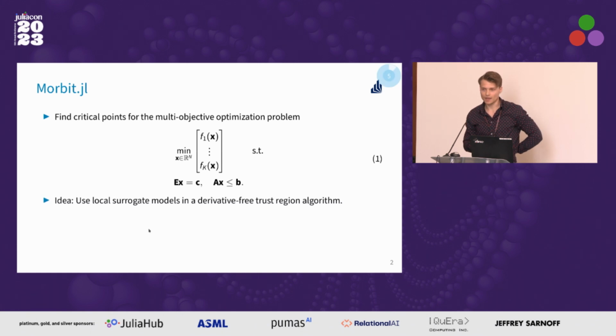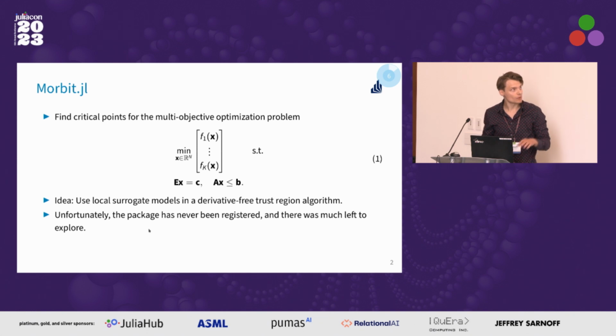And what we did back then and what we do still is use these local nonlinear surrogate models for the objective functions. And we do that in a trust region algorithm. And then we don't need derivatives because we have these trust regions in which we have the models.